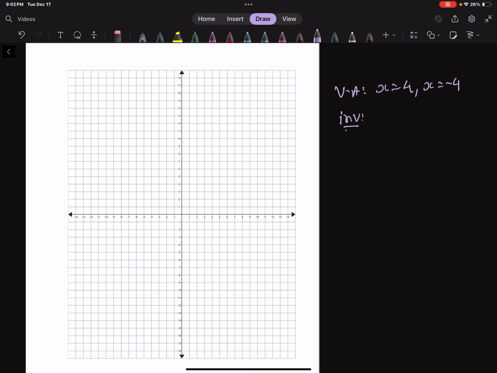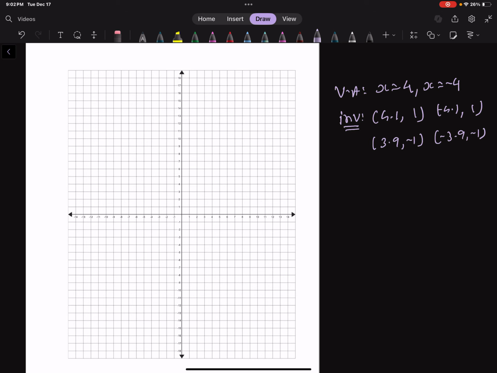Then we need the invariant points: 4.1 and 1, negative 4.1 and 1, 3.9 and negative 1.